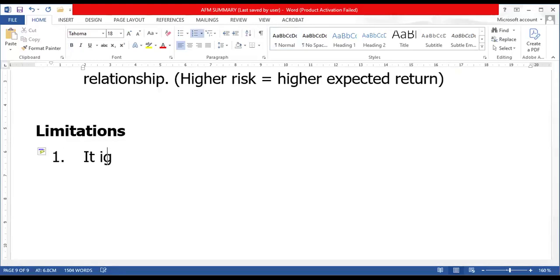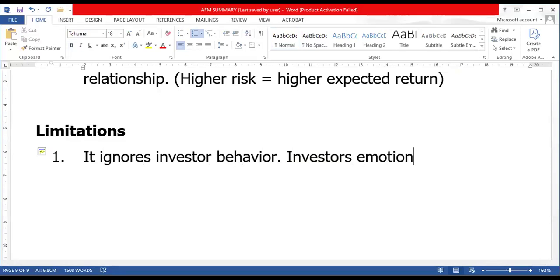Investors' emotions, it could be like panic, it could be like greed, affect the markets.